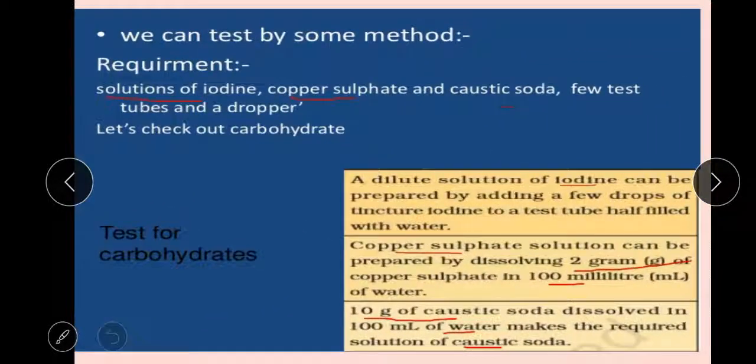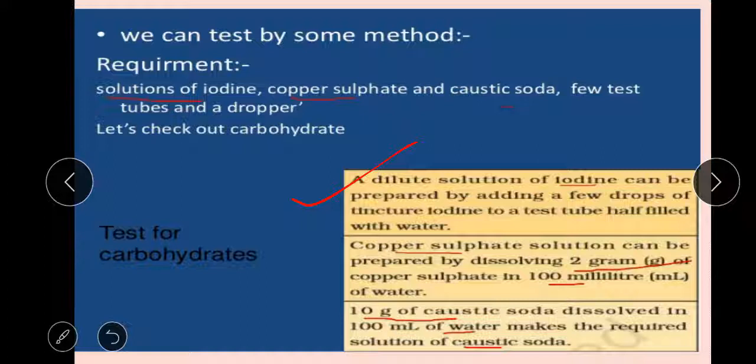Now there are some methods to test for carbohydrate or starch given in your book. Open page number 9 of NCERT. You are given this box.